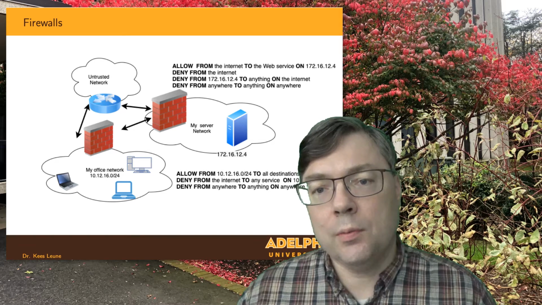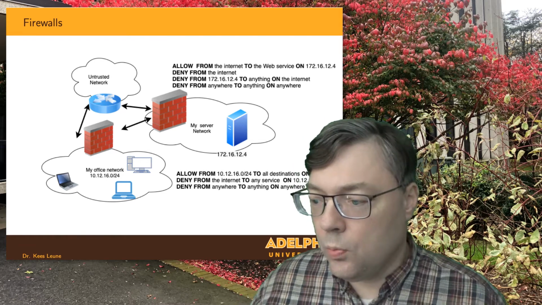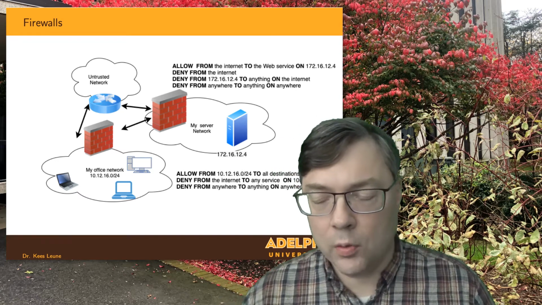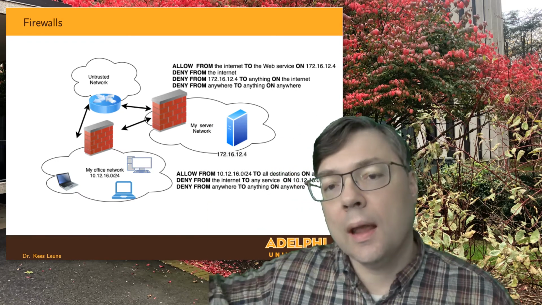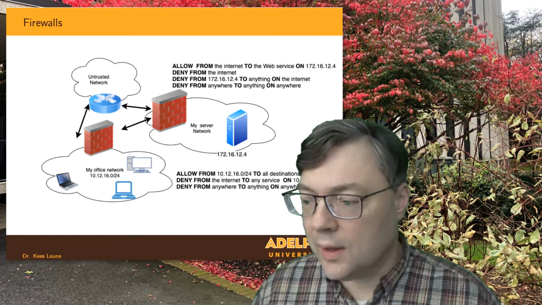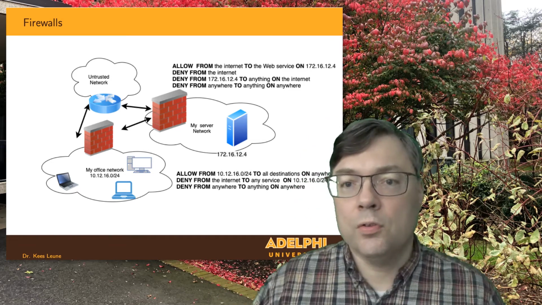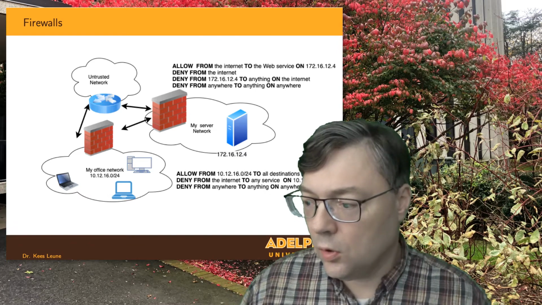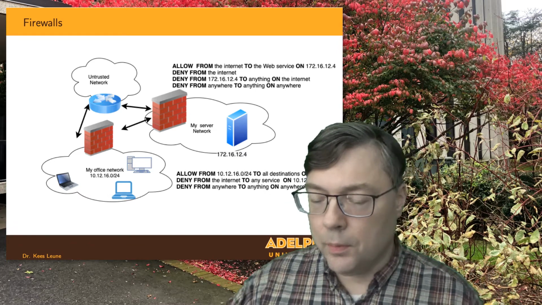Now, on a server network, I really want to control everything going in and everything going out. So when I start looking at that access control list you see on the slide behind me, you'll see that the first rule says, okay, allow from the internet to the web service on that IP address.